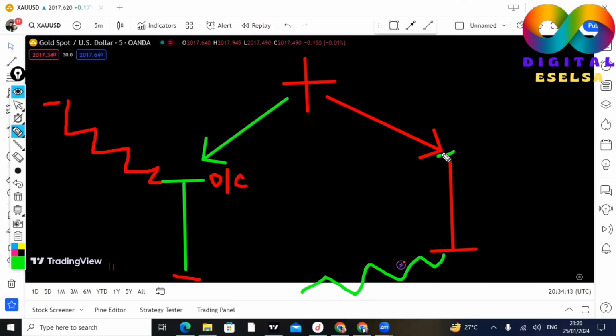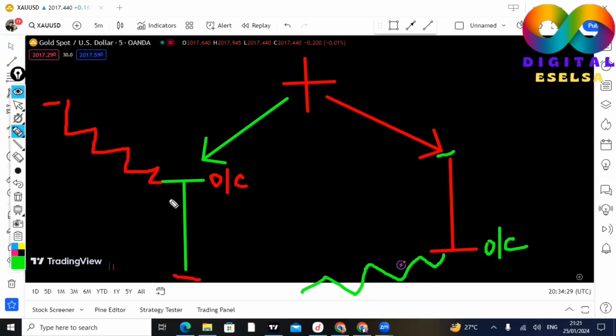Then sellers came and pushed the market down, and they formed this type of candlestick pattern. The open price and the close price are the same, but the rejection wick is pointing to the upside, showing the rejection of the buyers by sellers.